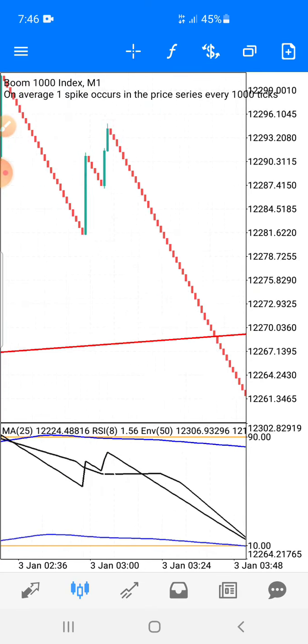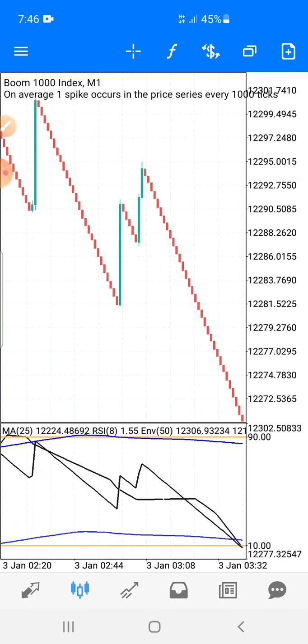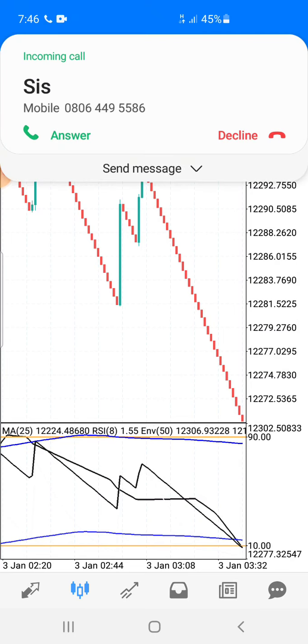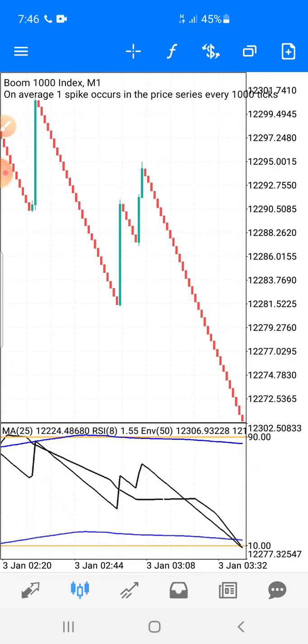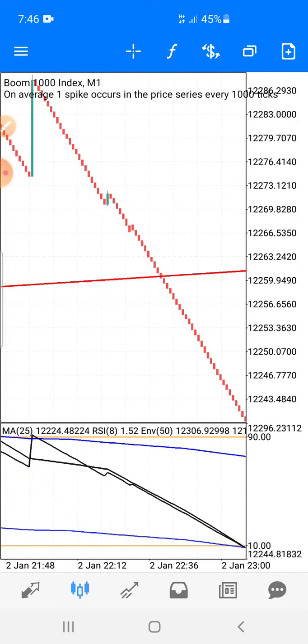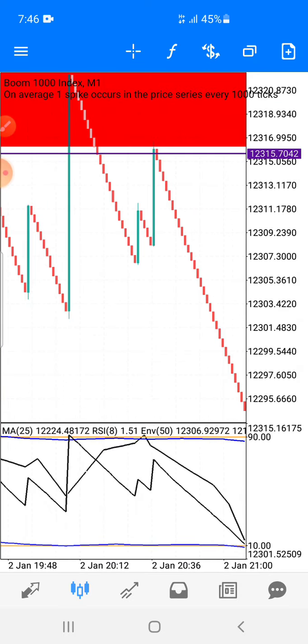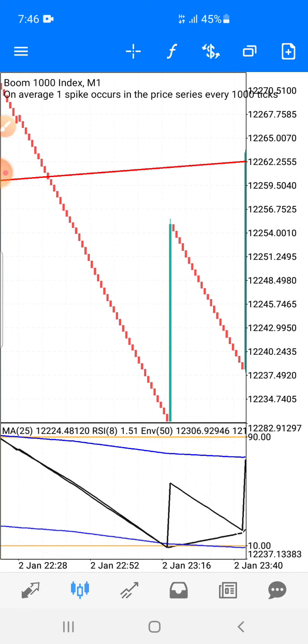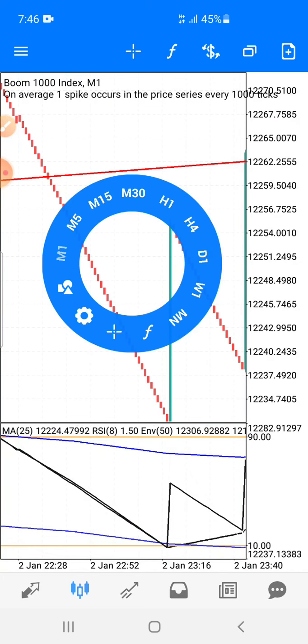You have a lot of red candlesticks. If you see spikes, there are few. But if you go to a trending market, maybe an uptrend, you discover a lot of spikes, because you're on the trend.